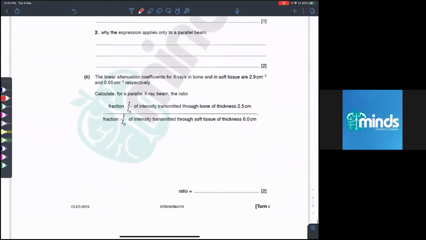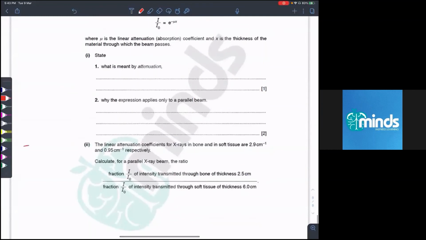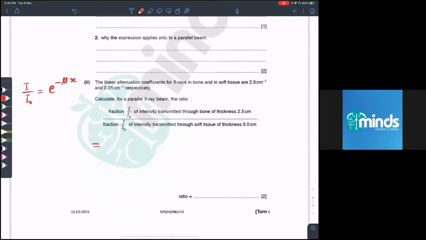See, the formula says I over I naught is e raised to minus mu into x. Now, if you want to apply this formula for a bone of thickness 2.5, you will write e raised to minus mu for bone. If you look at the value of mu for bone, what is it? 2.9.